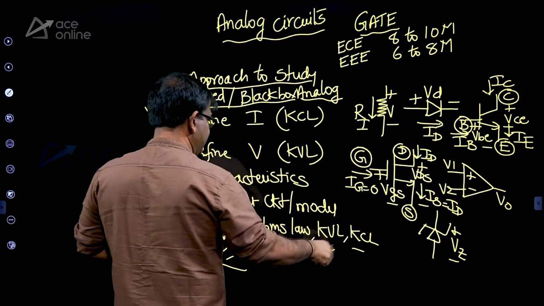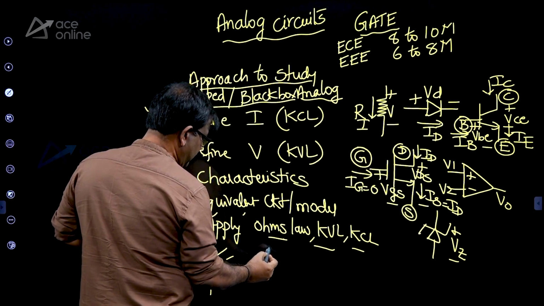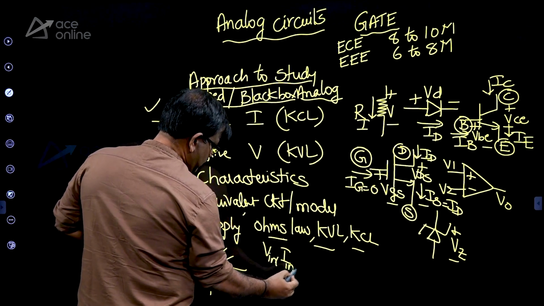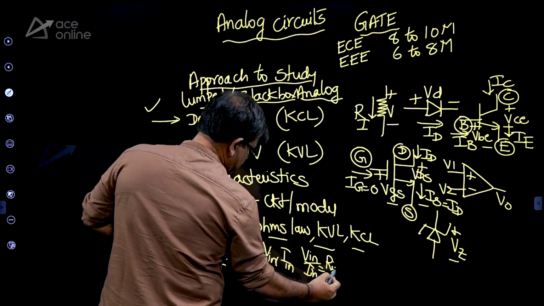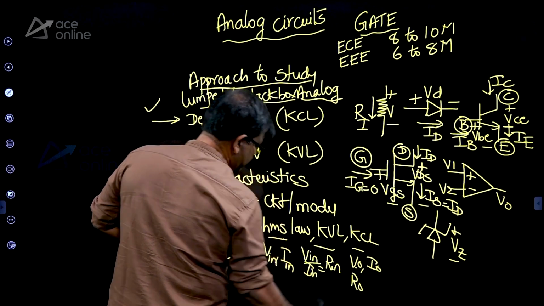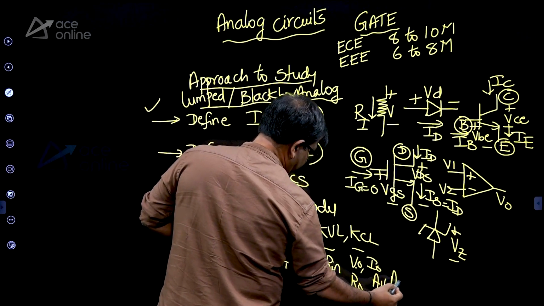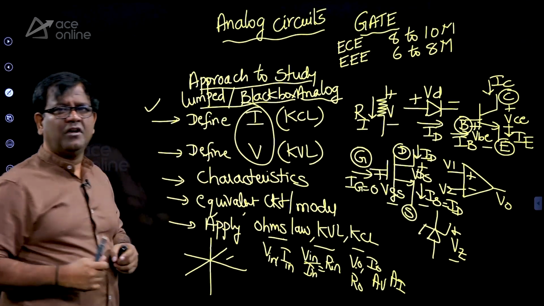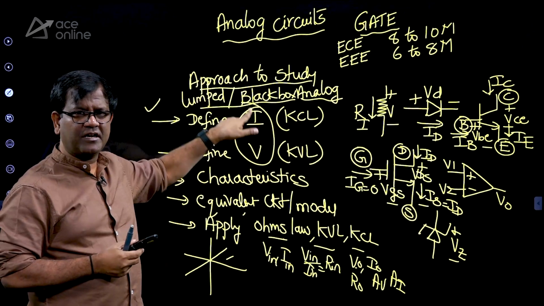After applying KVL and KCL, you can nicely calculate all the GATE problems like the voltage and the current. If it's the input voltage, then V in by I in will be the input resistance. If it's the output voltage, output current, the ratio will become the output resistance. And the ratio of output voltage and input voltage is the voltage gain, current gain. So everything comes from these 2 things. That's what I mean to say. All the GATE problems in analog, they come only from these 2, current, voltage.